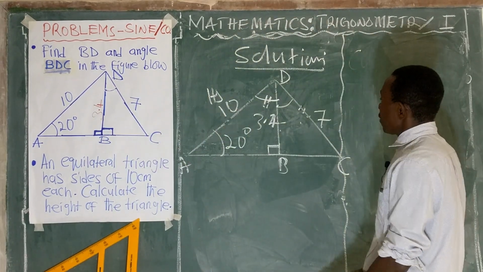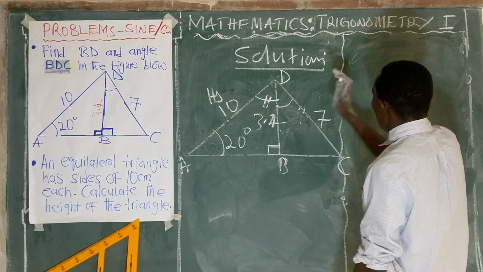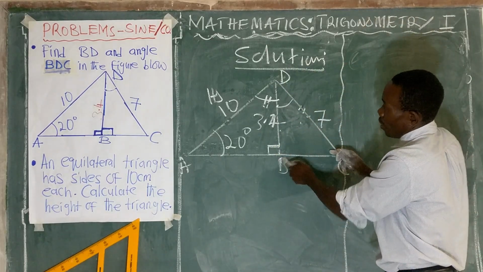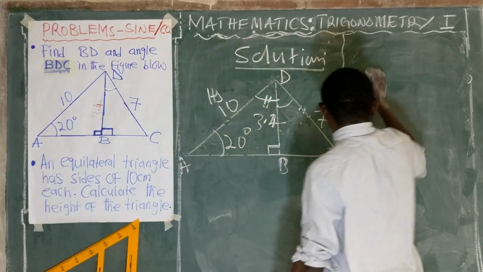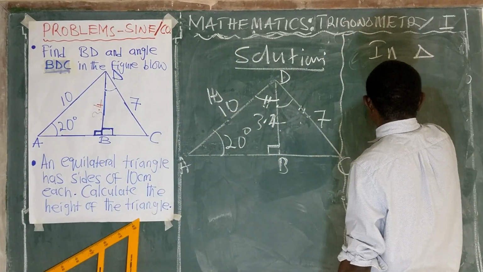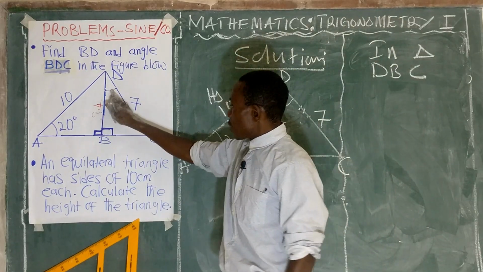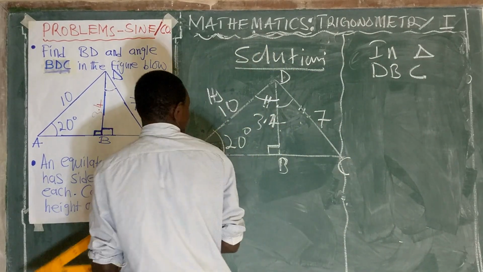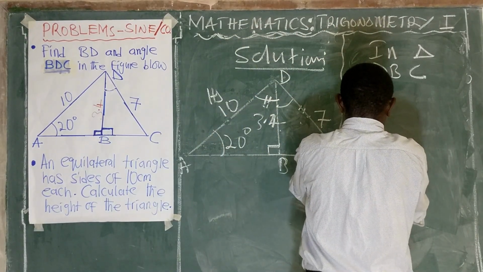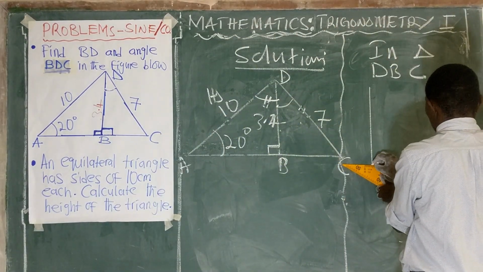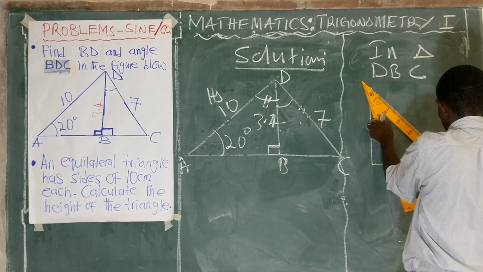So the moment I've extended this one out, we are interested in triangle DBC. Here you draw this one, DBC, and write here: in triangle DBC, it's the one that is going to help us find this. Take your ruler and draw it like this.